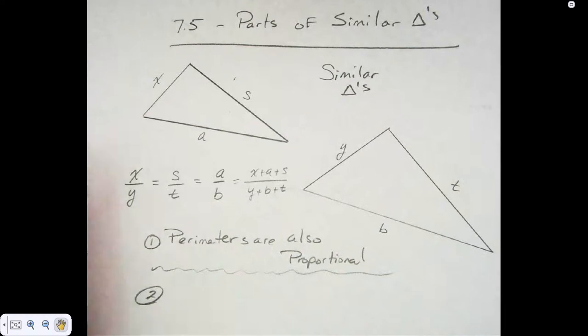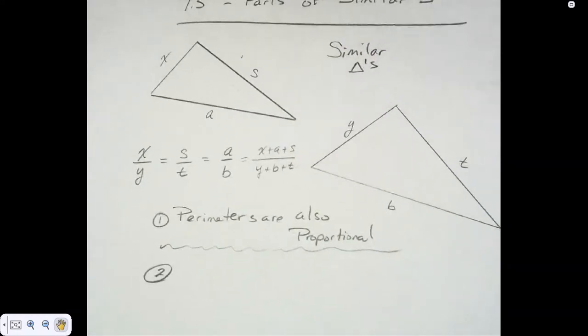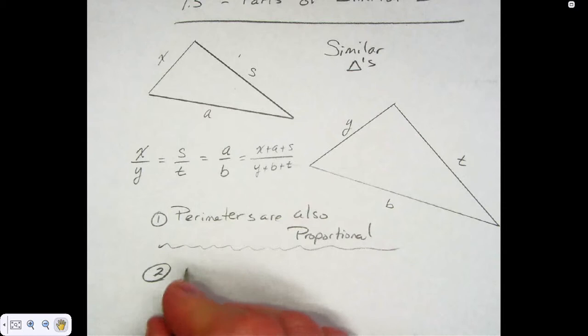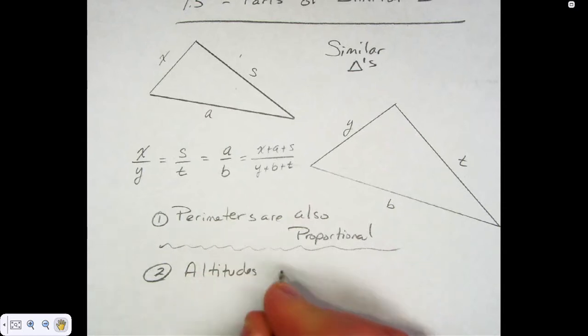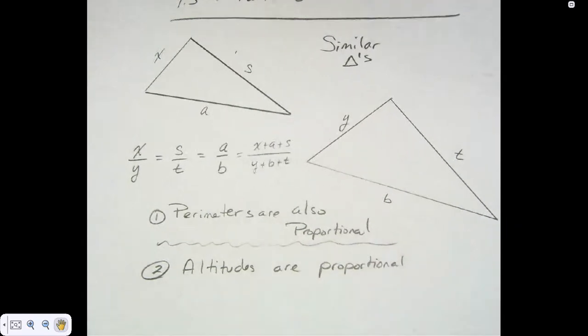There are parts of a triangle that are also proportional. Altitudes are proportional. What are altitudes? What is an example of an altitude? You guys remember what those are?